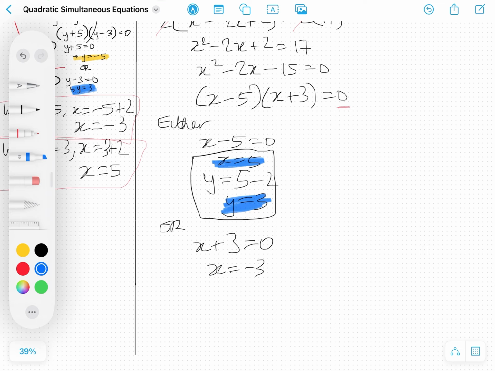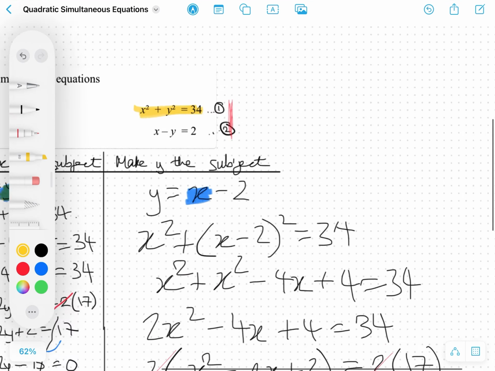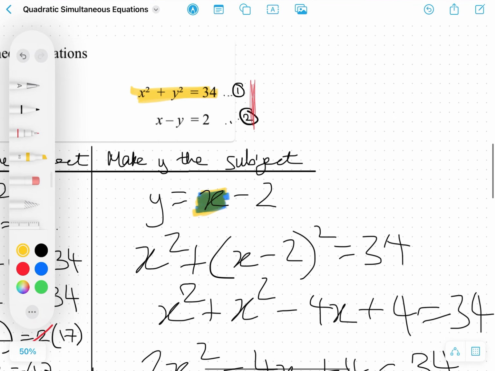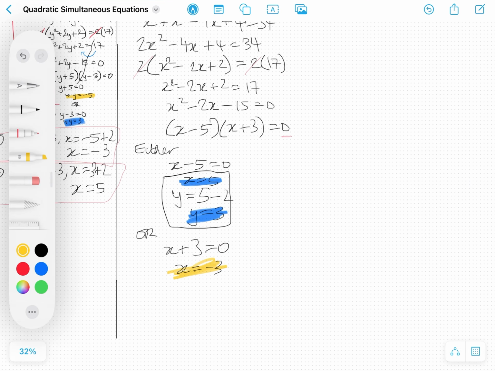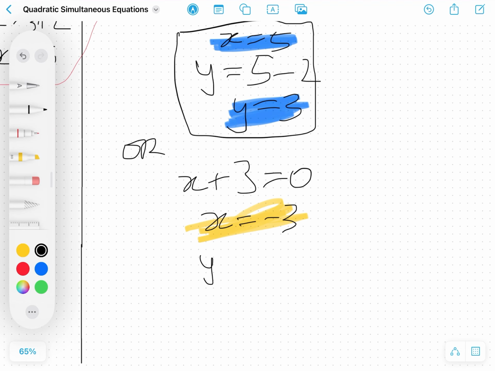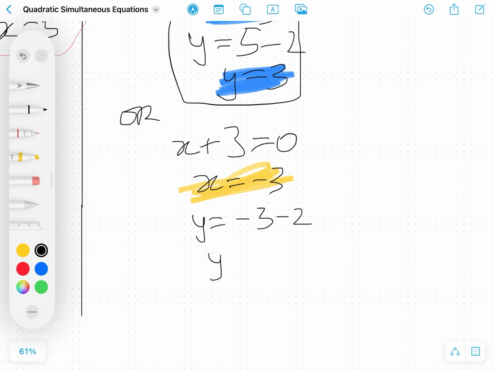And for the other one, we have x equal to negative 3. We substitute that value back into the equation with y as the subject. So we get y is equal to negative 3 minus 2. So y is equal to negative 5. And that is our other solution here.